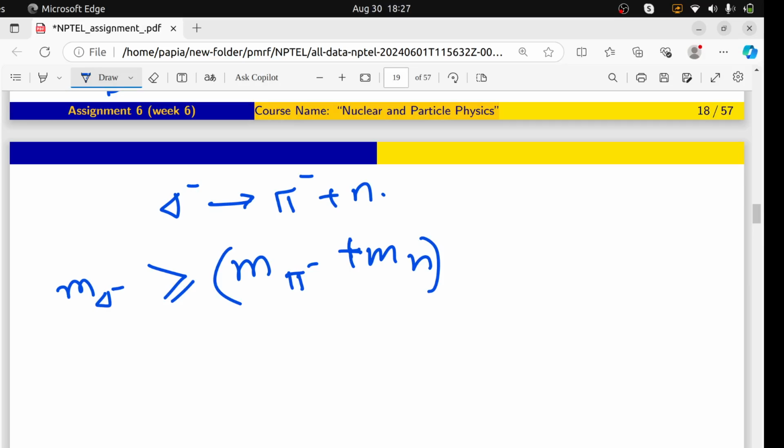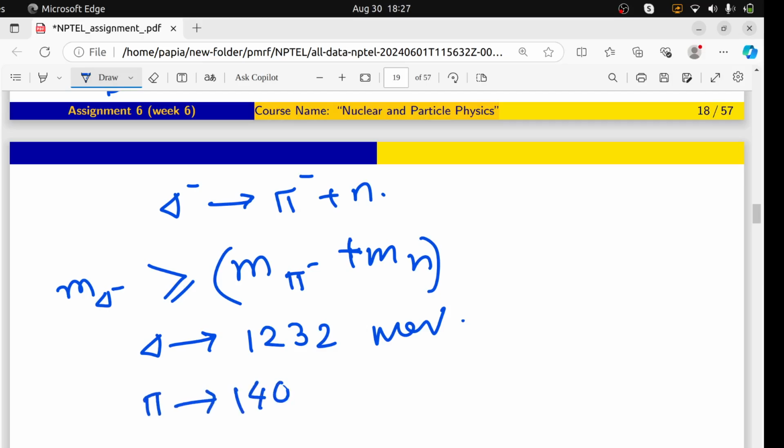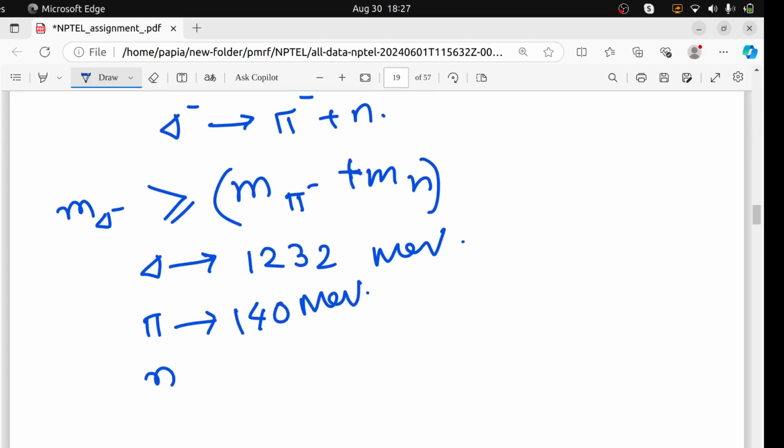Yes, because to have any decay, the incoming particle mass should be greater than the outgoing particles' mass. As I told you, mass of delta is 1232 MeV, mass of pi is 140 MeV, mass of neutron is 939 MeV.